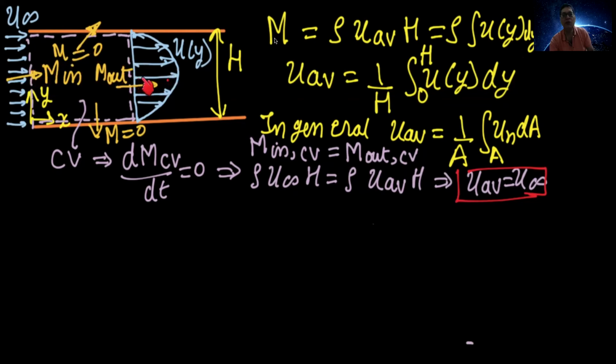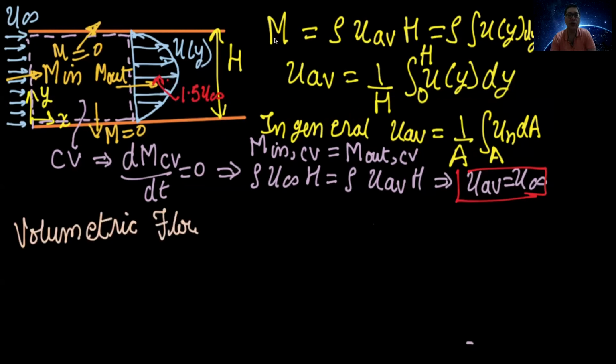So if you substitute the expression corresponding to this parabolic velocity distribution and calculate U average, finally you can prove that for this problem, the center line velocity, which is the maximum velocity, is 50% more than the inlet velocity. It is 1.5 times U infinity.